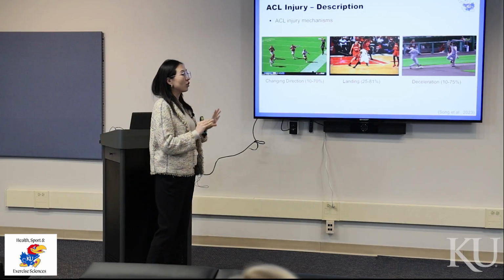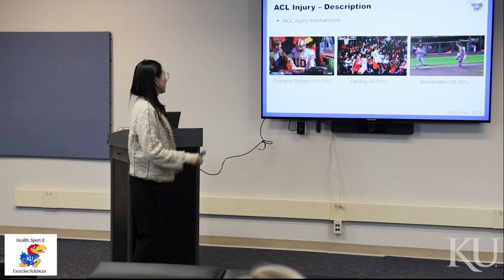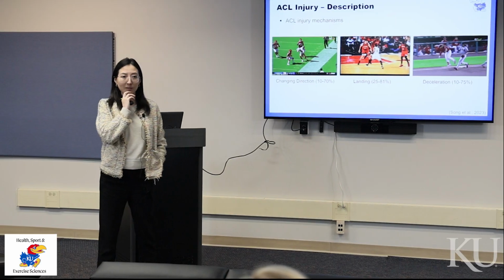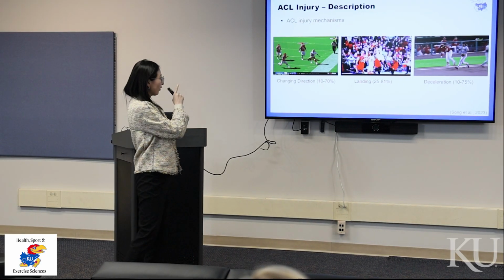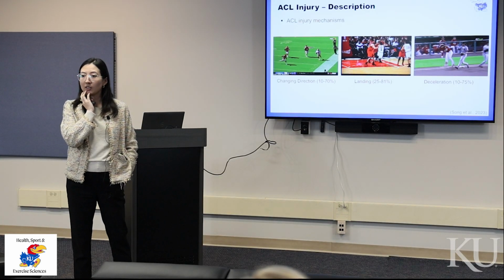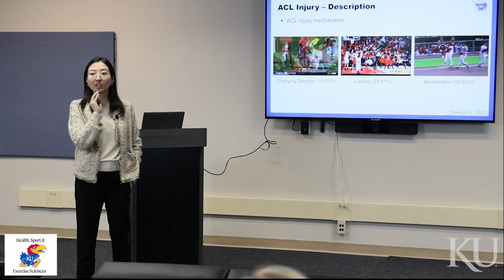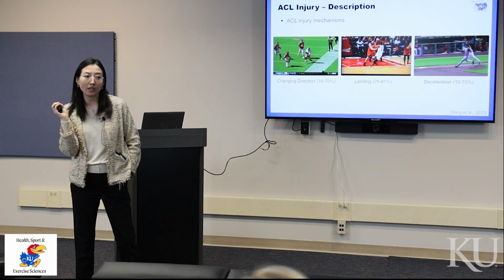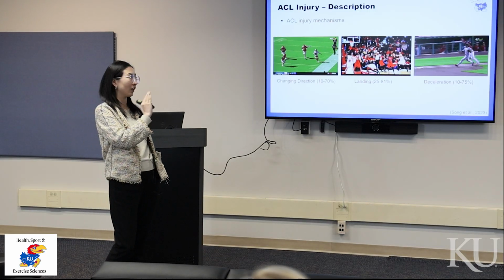So all right, we knew the maneuver, and now let's see what are some tasks when ACL injuries are happening. To look at those videos, what we could tell is first, 10 to 70% of ACL injuries happen when people are trying to change direction. That means there is follow-up motion, and I'm trying to cut to the left or to the right, not to maintain a straight line.